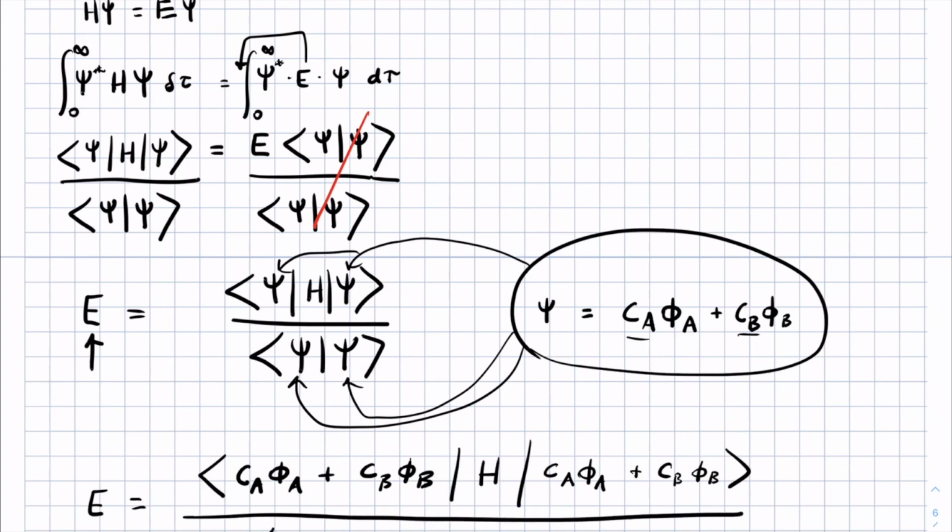And then on the bottom, we would have this expression, which is the same thing as saying the complex conjugate of the wave function multiplied by the wave function integrated over all space. Now, at this point, we can sort of forget that we're dealing with integrals and just do algebra.